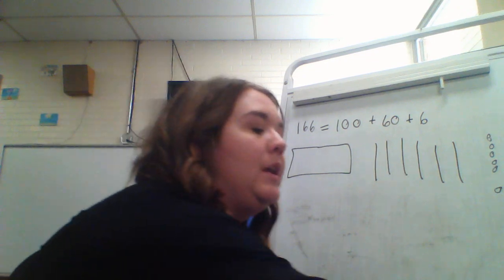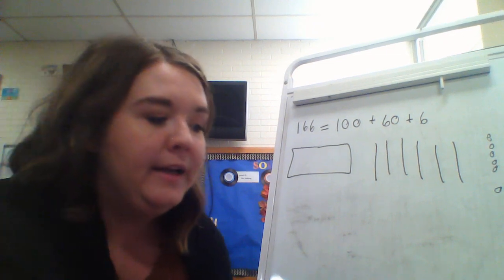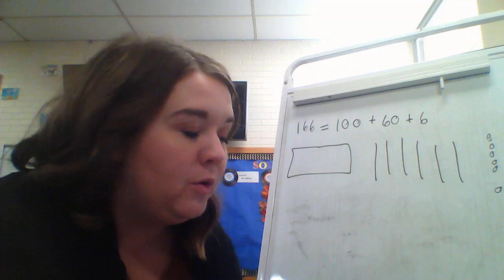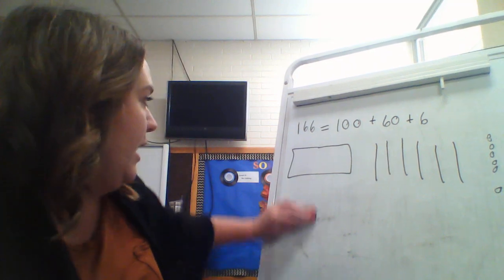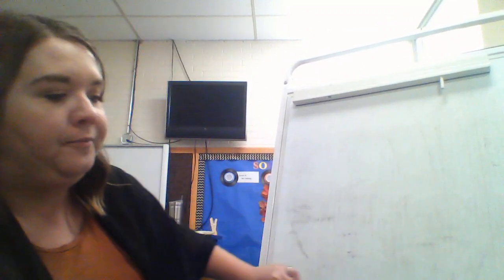So you need to be on page 95 in your workbook. So we're going to add tens and ones in our workbook, okay? So we're on number 1 on page 95. I'm going to erase this so we have more space. Okay.